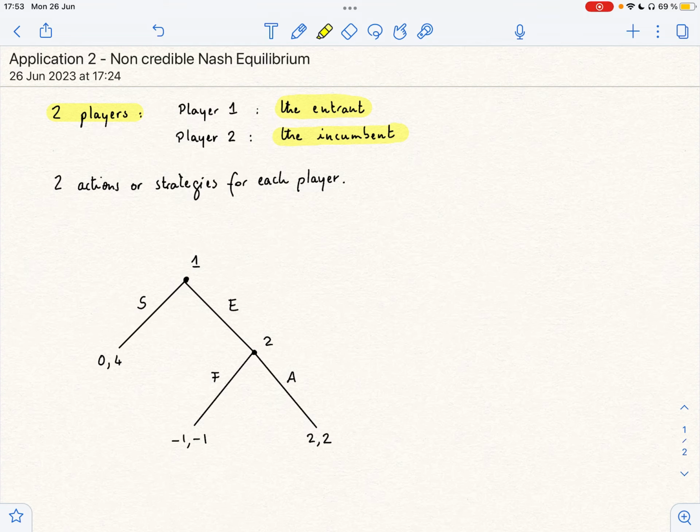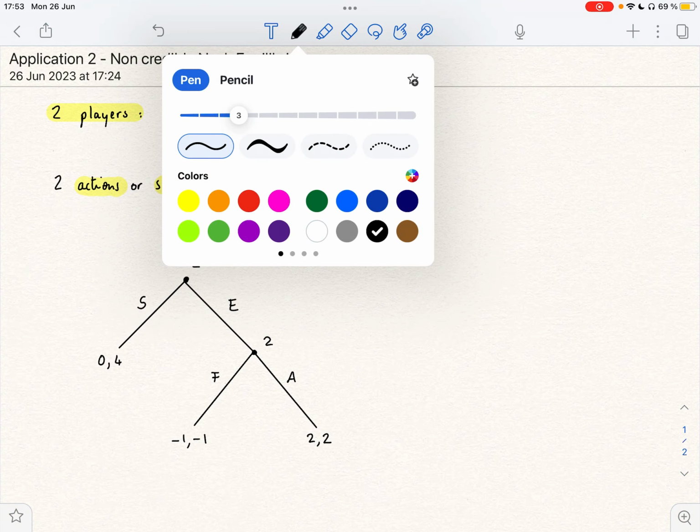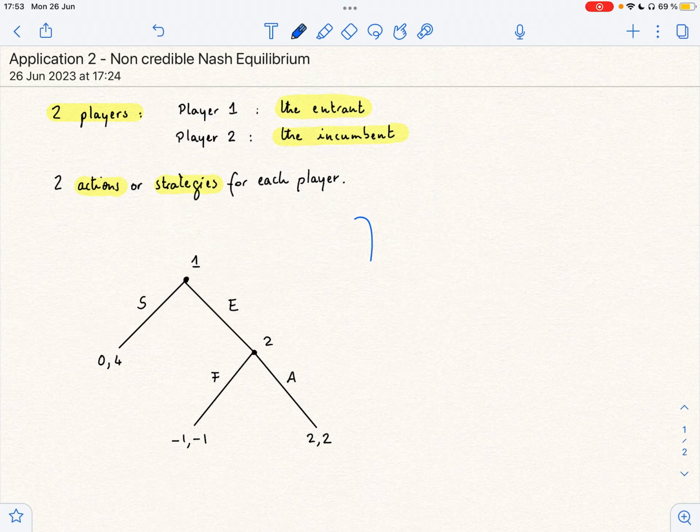And so here each player has two actions, also known as strategies, and they're going to play sequentially in the following extensive form game. So this game tree is what we call an extensive form representation. So first, player one plays at their first decision node, and they can choose to either stay out, right, or enter.